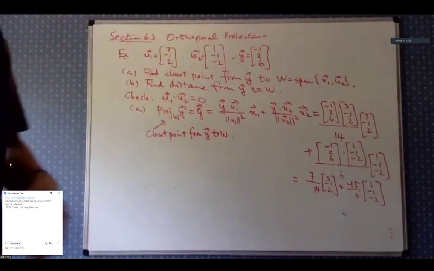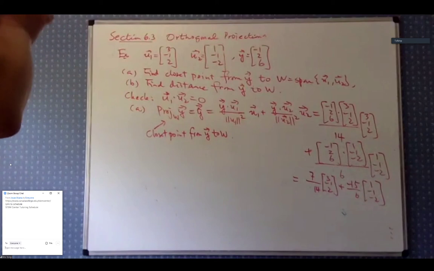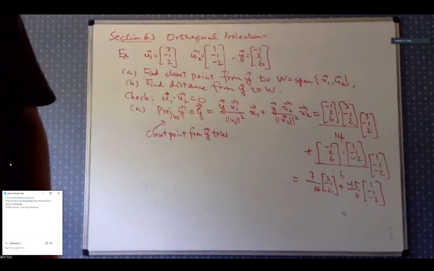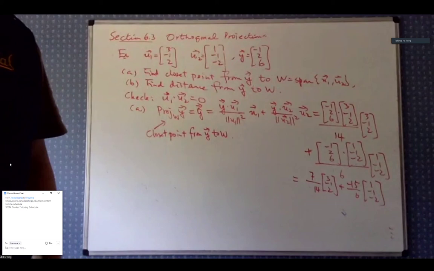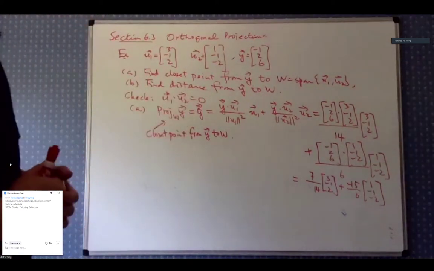I'll just wait until you guys convince me, because I also make mistakes. I don't have the answer here. It's just plugging into the formula. Hopefully you understand where that formula comes from, because we did the earlier example showing the steps.